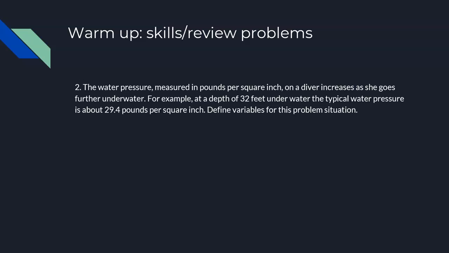Next, number 2. The water pressure measured in pounds per square inch on a diver increases as she goes further underwater. For example, at a depth of 32 feet underwater, the typical water pressure is about 29.4 pounds per square inch. Define variables for this problem situation. So you mentioned here the depth of 32 feet underwater.